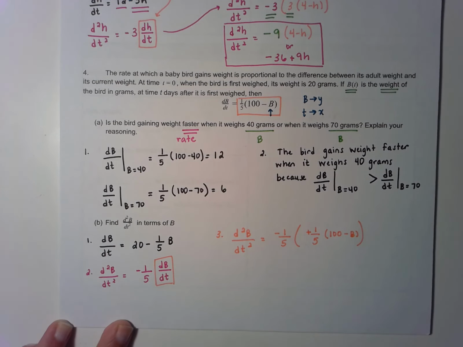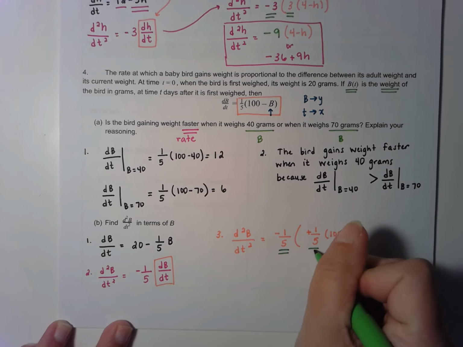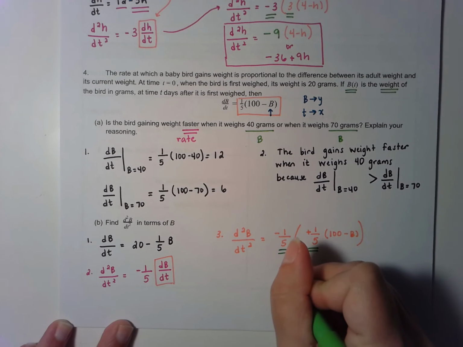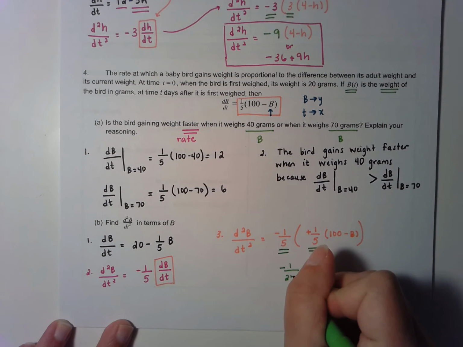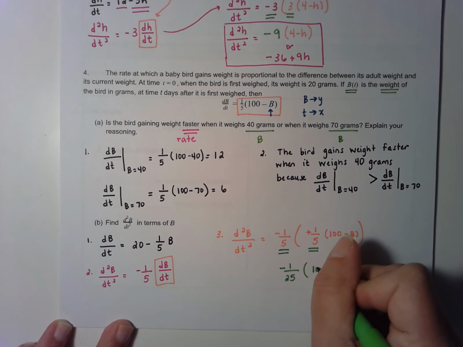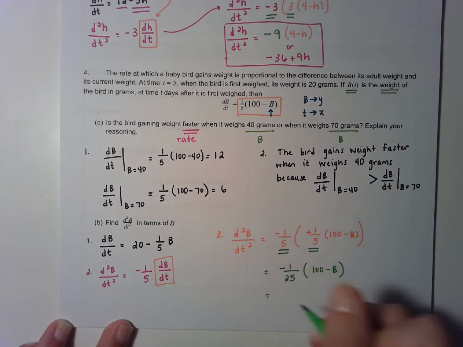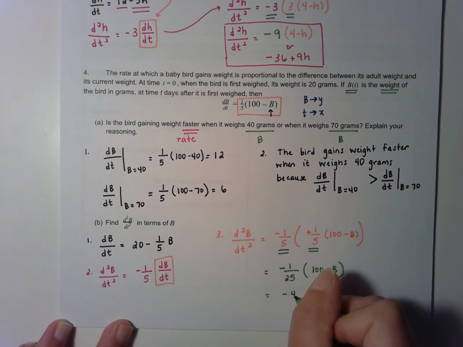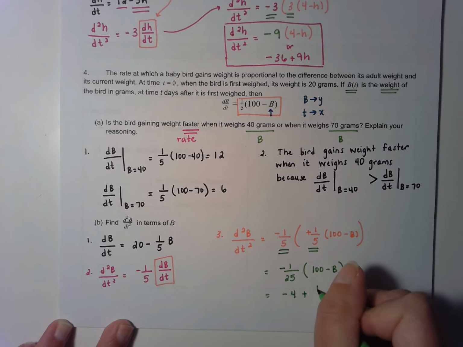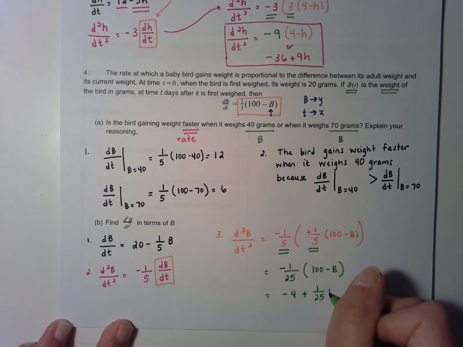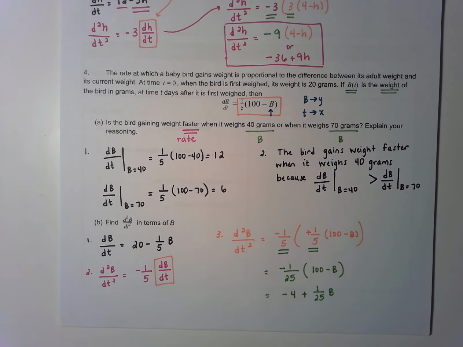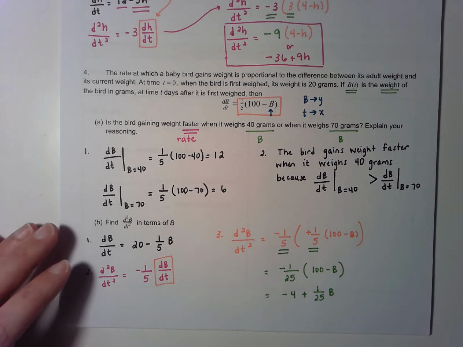You don't have to, but what I usually do is multiply the negative 1/5 and the 1/5 together. And so I would have negative 1 over 25 times 100 minus b. You could distribute fully, which means you would have negative 4 plus 1 over 25b. Any of those answers are acceptable. Can go with any of them.